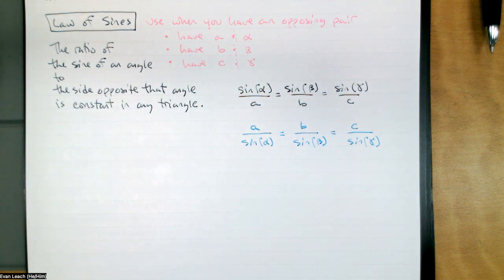It all depends on how comfortable we are flipping around our ratios and solving equations for denominators. So if you're using this law of sines to find a side, you can use the blue version and pre-flip everything over.